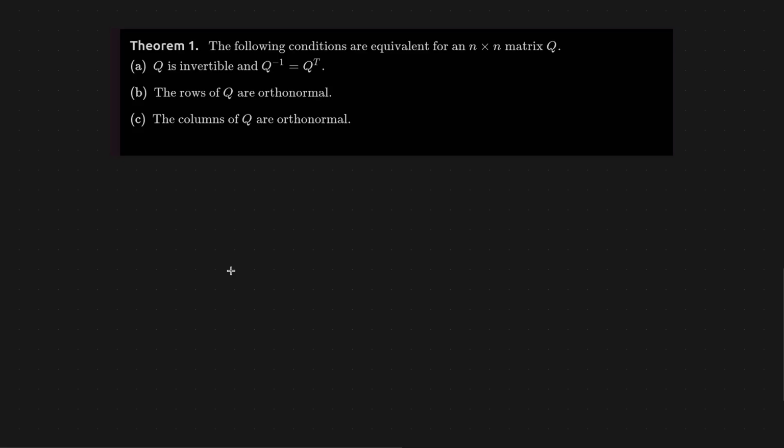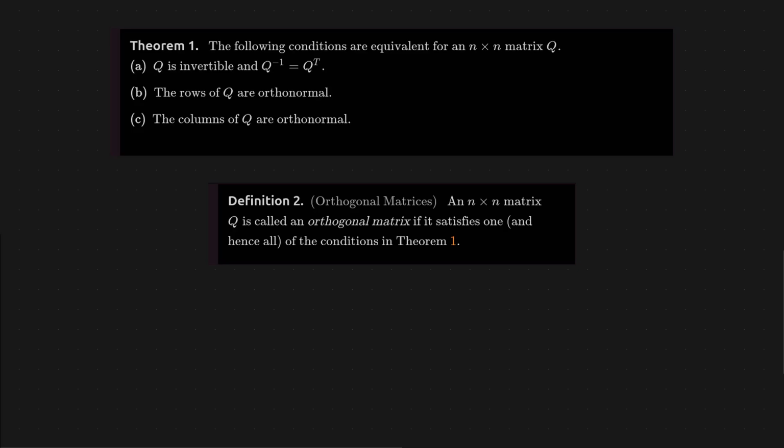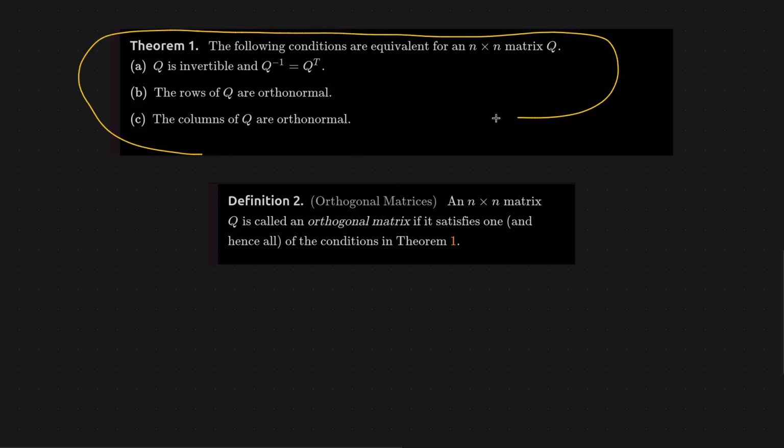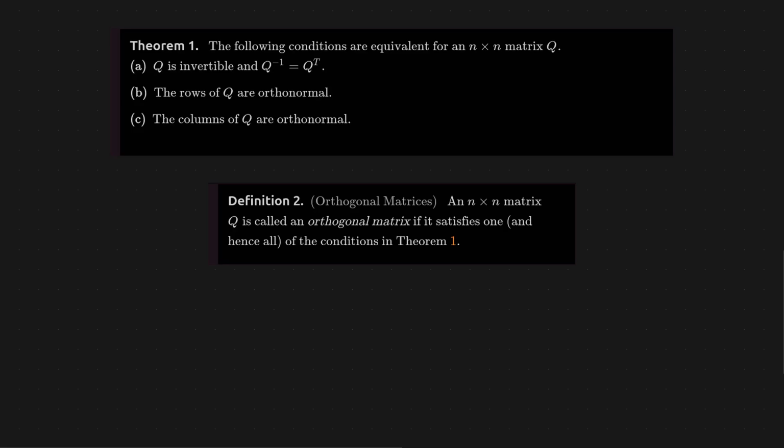Okay. It's a very special type of matrix. We call it an orthogonal matrix. An orthogonal matrix is an n by n matrix that satisfies any one of these conditions. And because these conditions are equivalent, if you satisfy one of them, you satisfy all of these conditions. Okay.